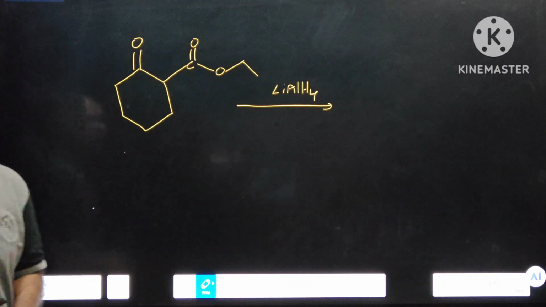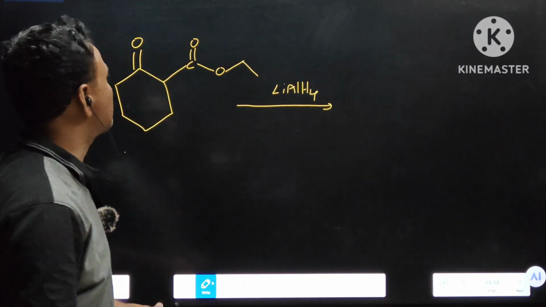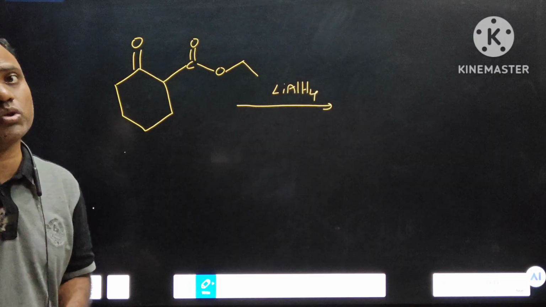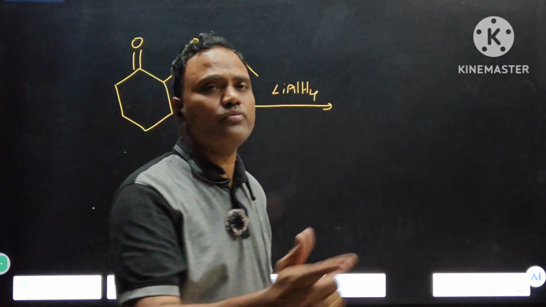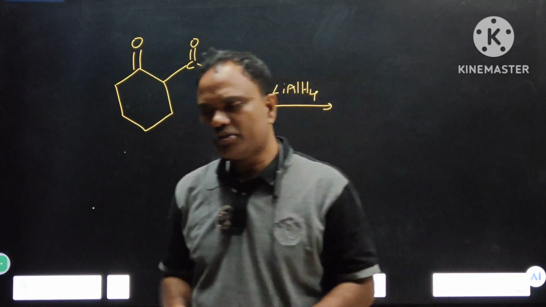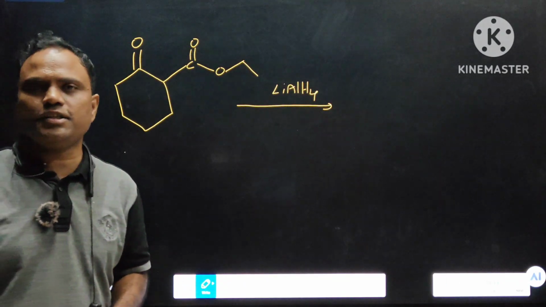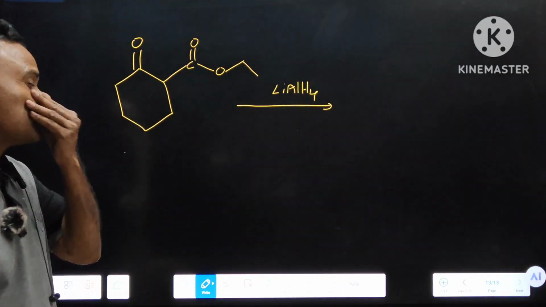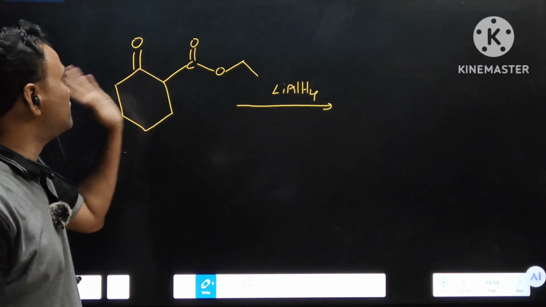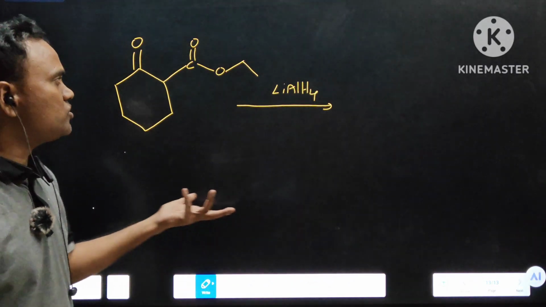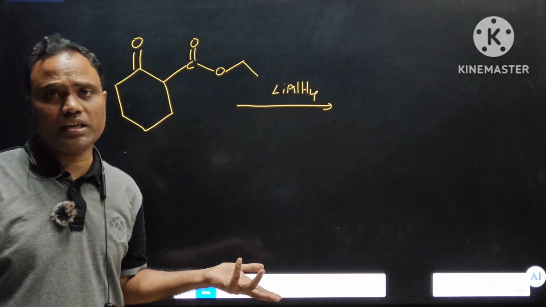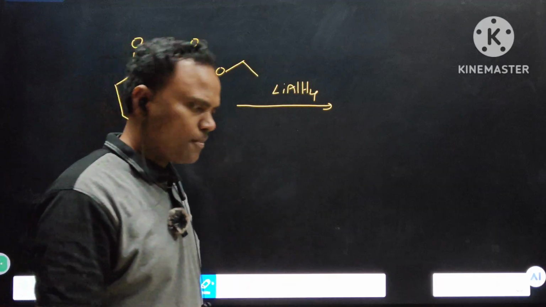Here you have 2 functional groups, ester and carbonyl. I already told you lithium aluminum hydride is a powerful, versatile reducing agent, reduces all types of functional groups. Clear? So you have to reduce ester and carbonyl. You know shortcuts for both. I gave shortcut mechanisms for both.